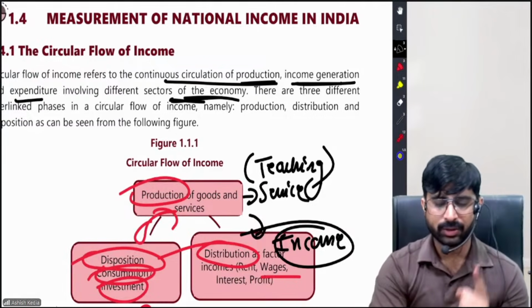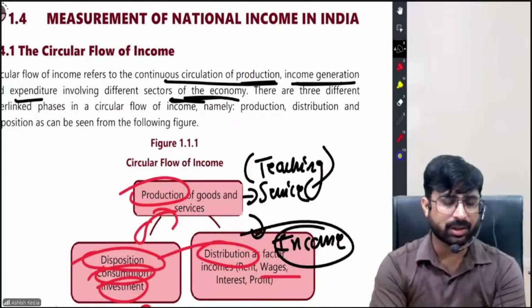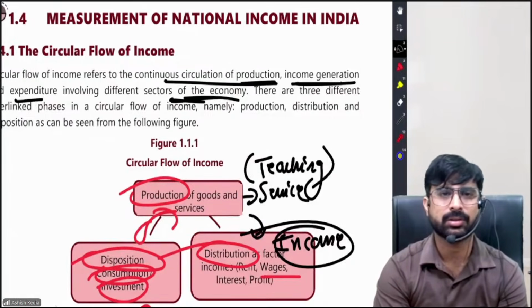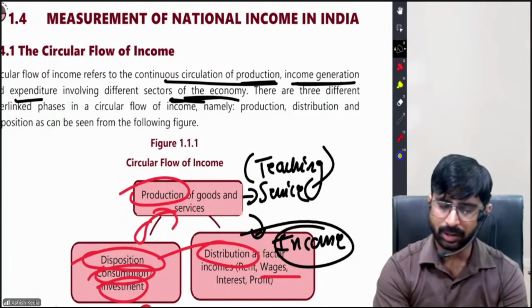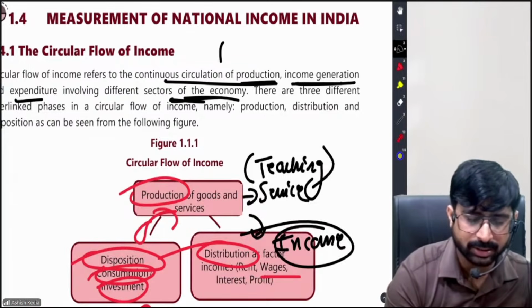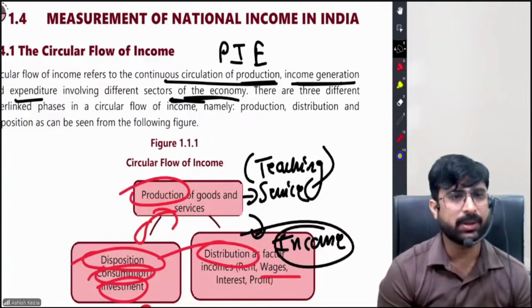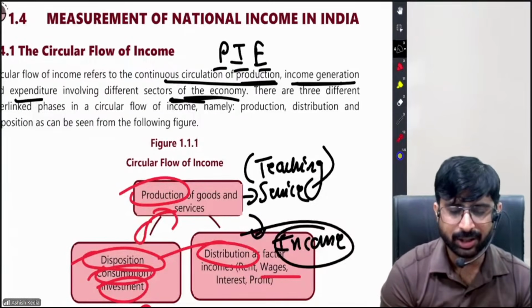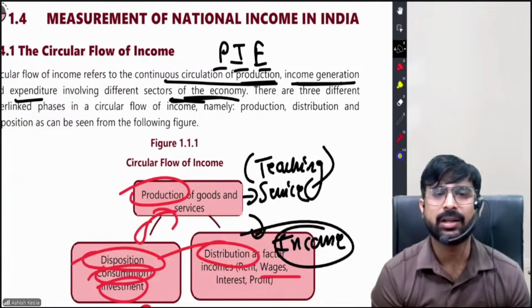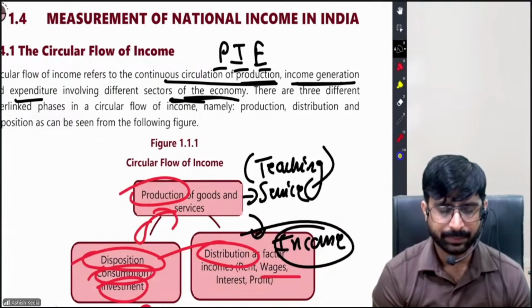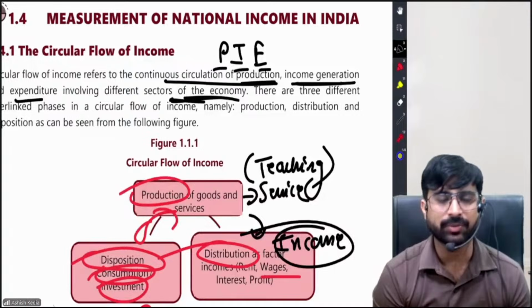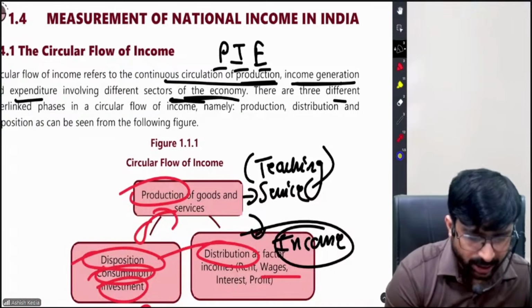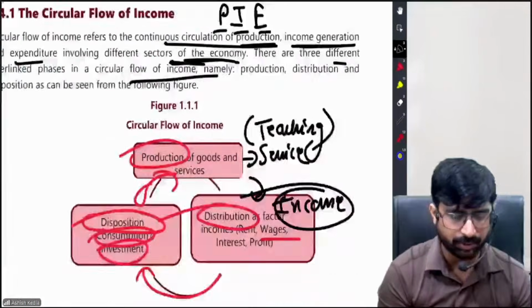Continuous flow of production, income generation, and expenditure. You can also remember it like this: PIE, production, income, and expenditure, involving different sectors of the economy. There are three different interlinked phases in the circular flow, which we have discussed already.